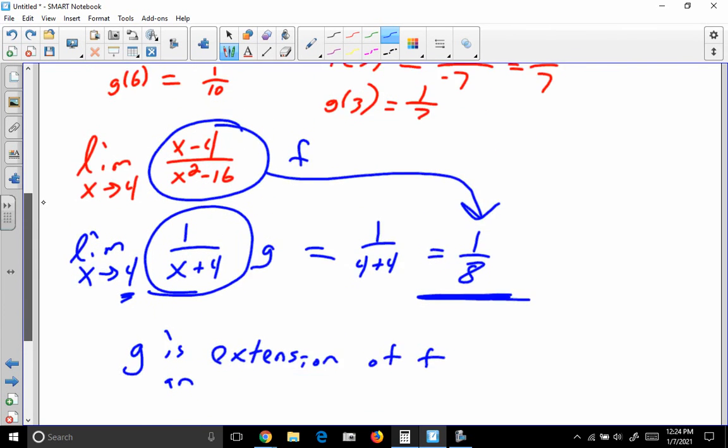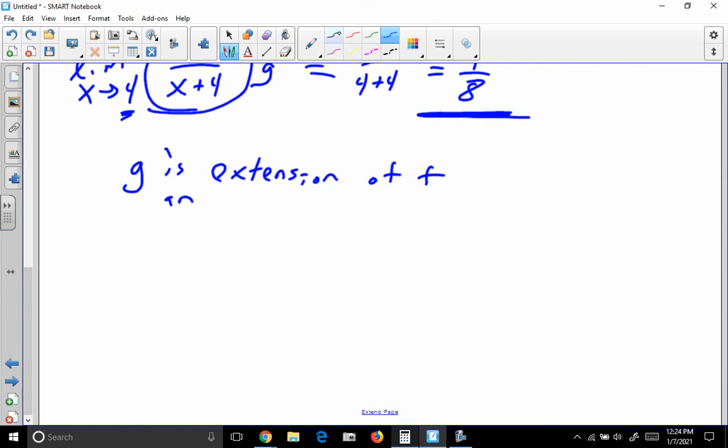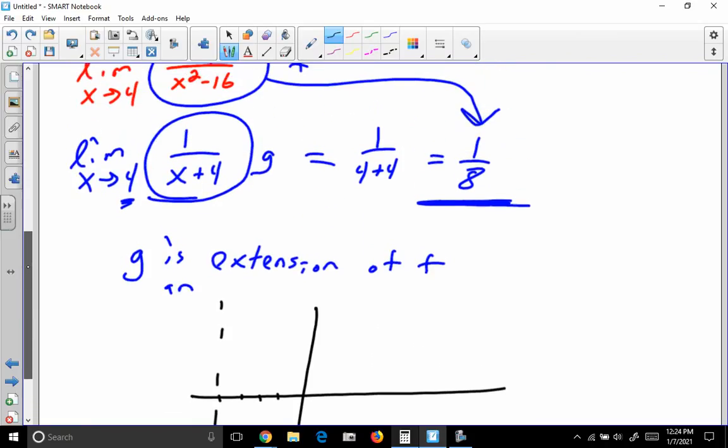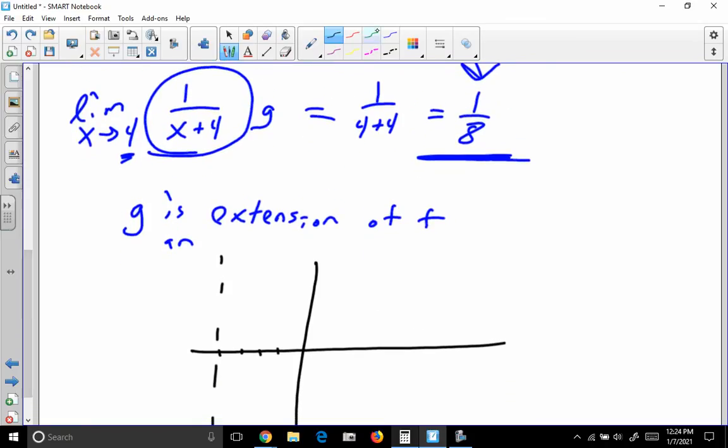So let's see. If we graph these two, at negative 4, both functions are undefined, so we actually have a vertical asymptote there. Now, when x is 4, g is 1/8, so that's that, and we're here. When x is 0, we're at 1/4, so we're here.